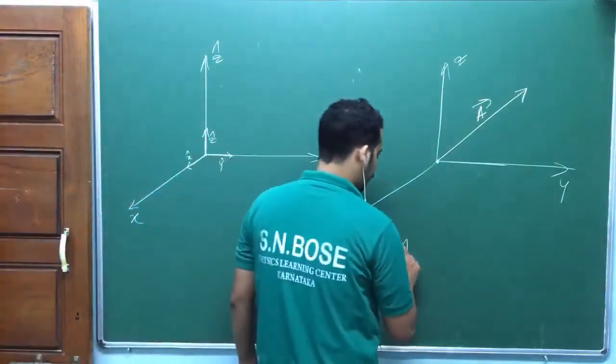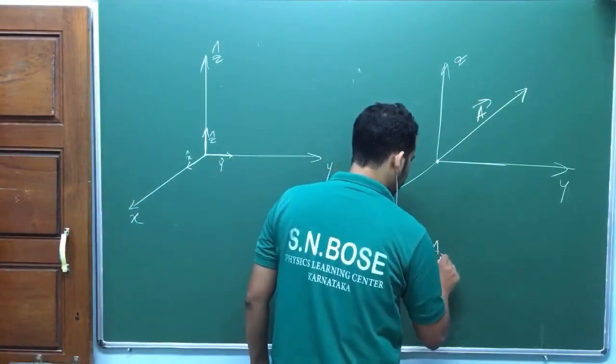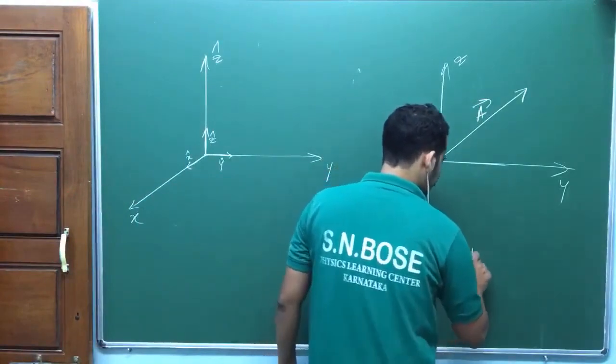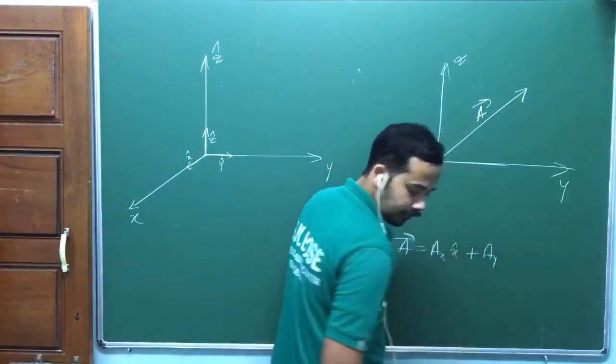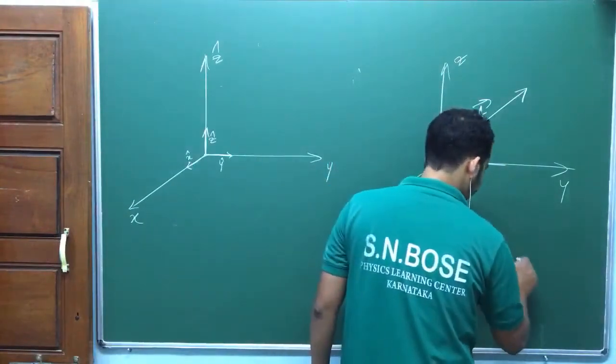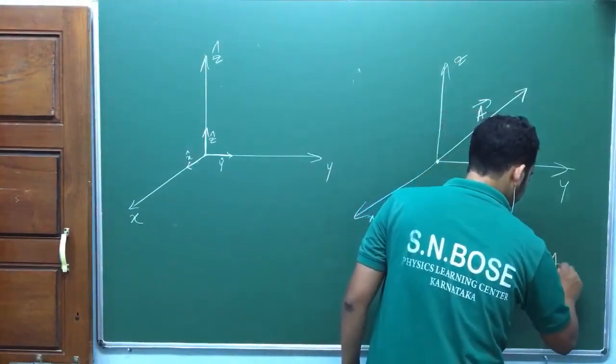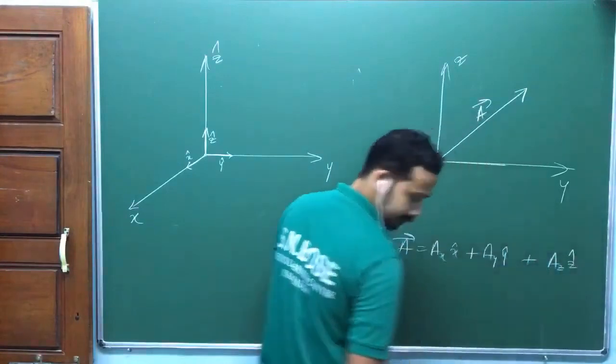We are going to write that vector A like this. A is equal to ax into x cap plus ay into y cap plus az into z cap.